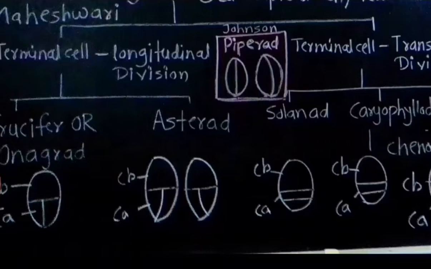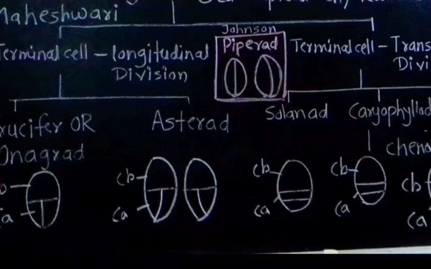So there are two types, crucifer and asterad, when the terminal cell divides by longitudinal division.